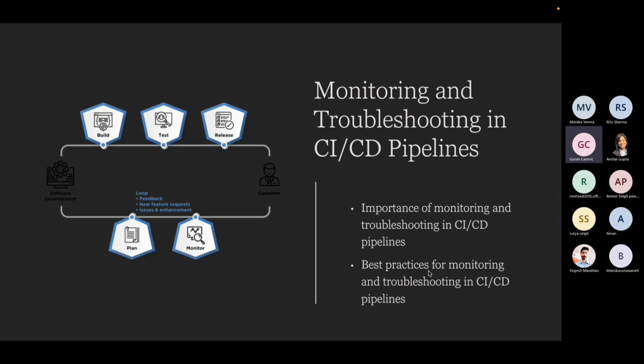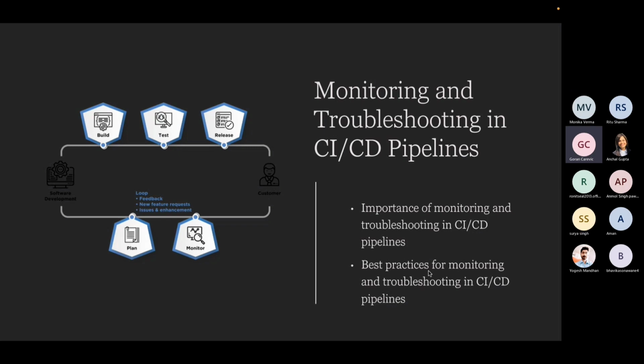Real-time feedback. Real-time feedback on the status of CI/CD pipelines is crucial for early problem detection and resolution. This can be achieved through dashboards and alerts, which provide real-time updates on pipeline performance and issues.